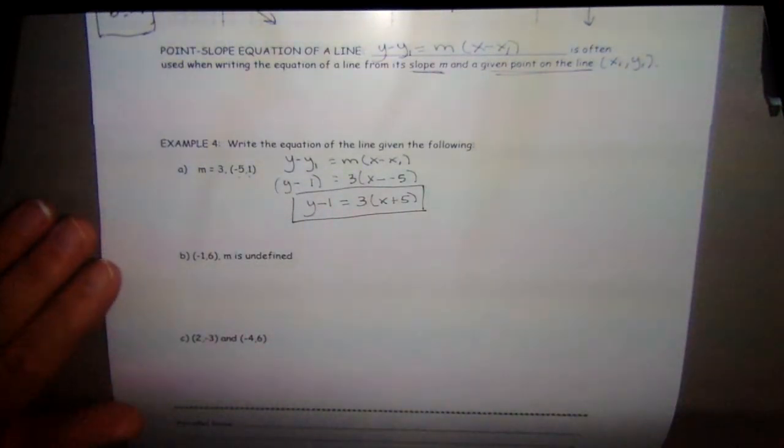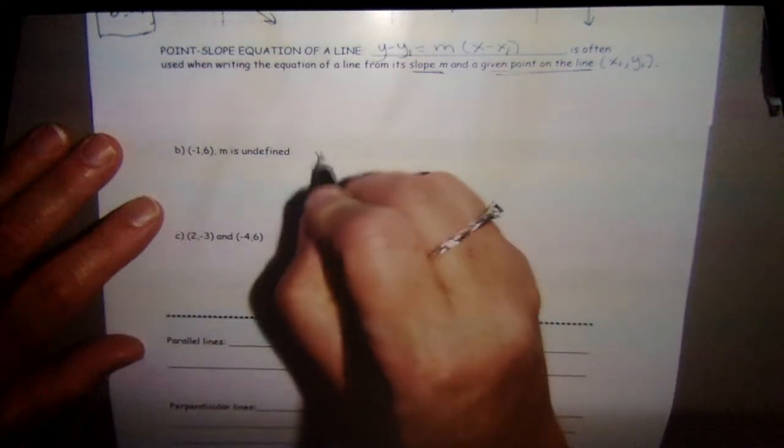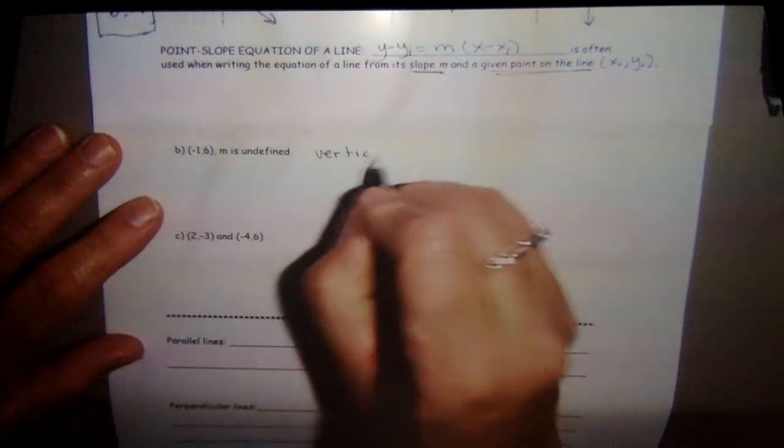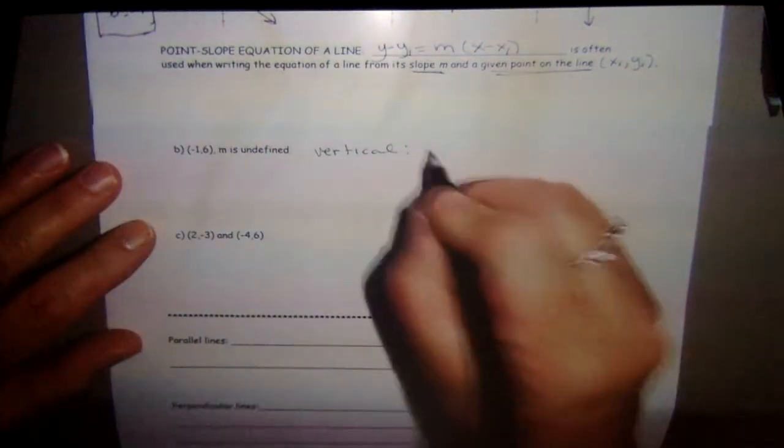Questions there? What about B here? Slope is undefined. What type of line is that? This is a vertical. Vertical lines have equations that are what? X equals.